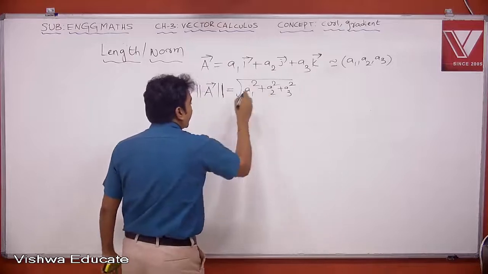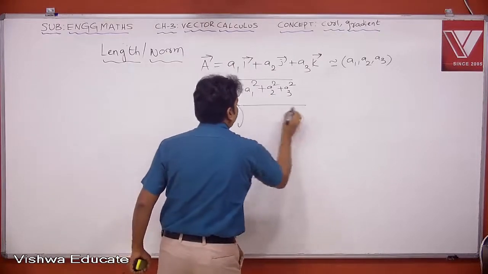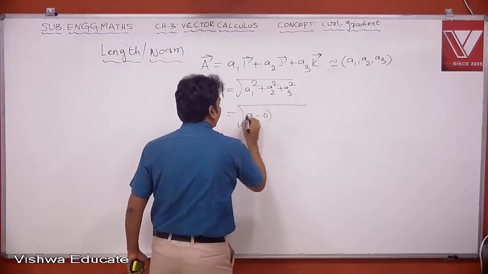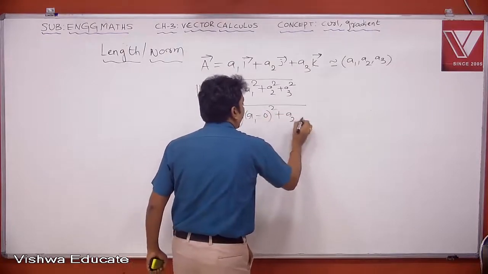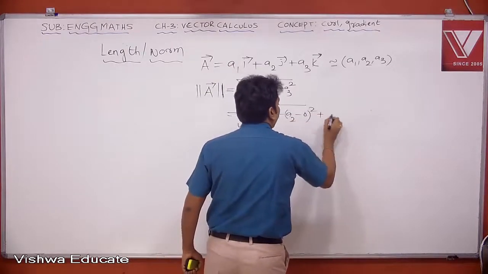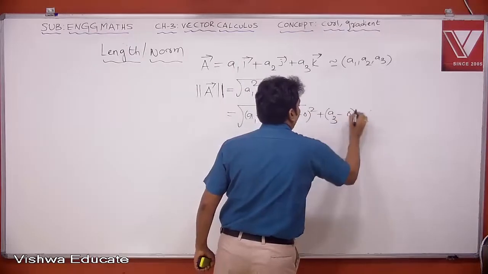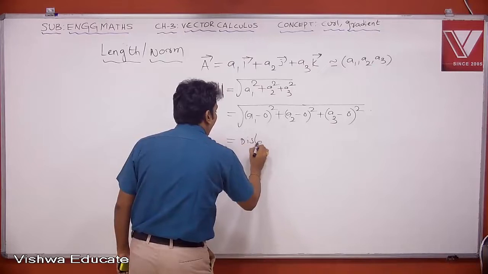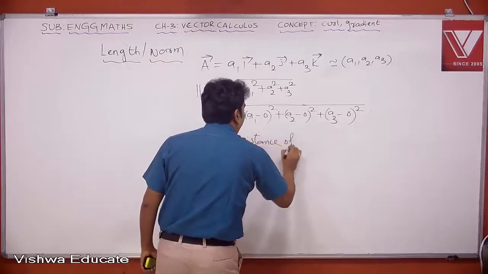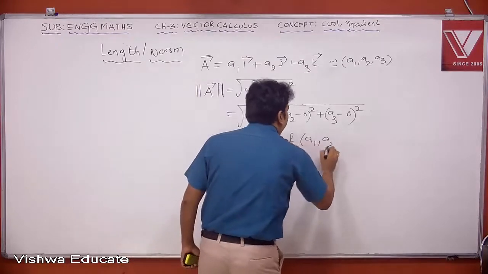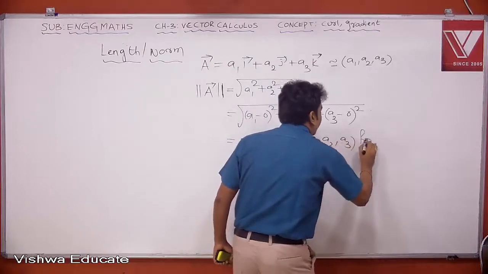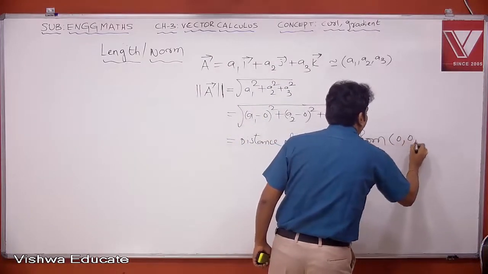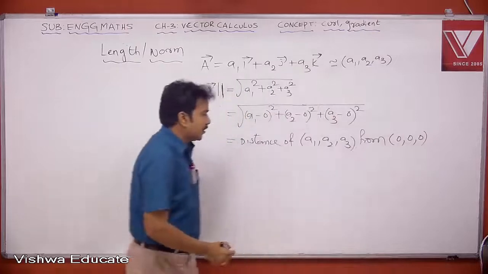Now you can treat this as square root of a1 minus 0 whole square plus a2 minus 0 whole square plus a3 minus 0 whole square. This is nothing but the distance of a1, a2, a3 from origin.